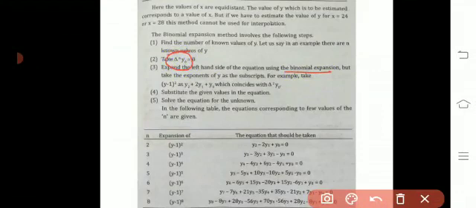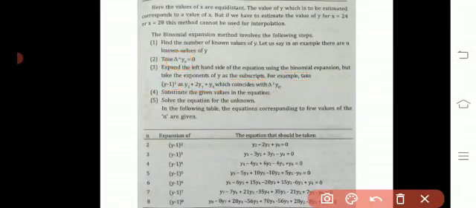But take the exponents of y as the subscripts. For example, take (y minus 1) square as y2 plus 2y1 plus y0, which coincides with delta square y0.